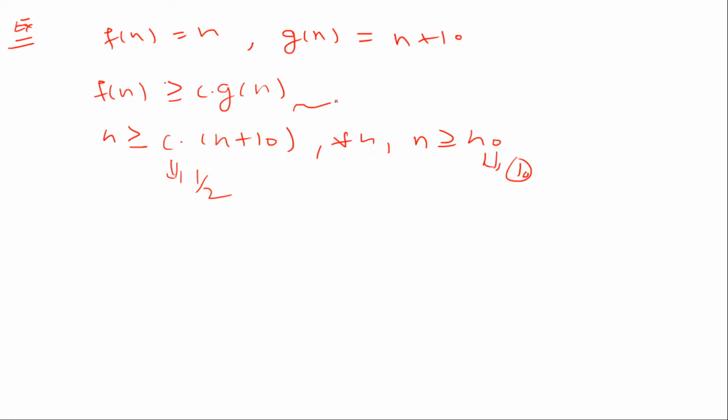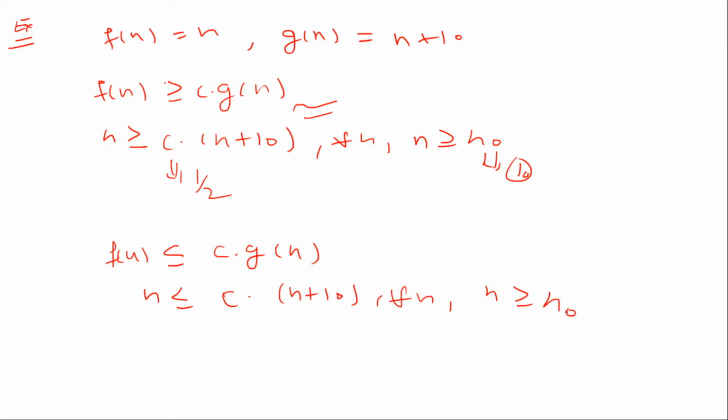So it follows the condition of omega notation, and for big O it should also follow the big O notation condition. Fn less than or equal to c dot gn, Fn n less than or equal to c dot gn n plus 10 for all n greater than or equal to n naught.